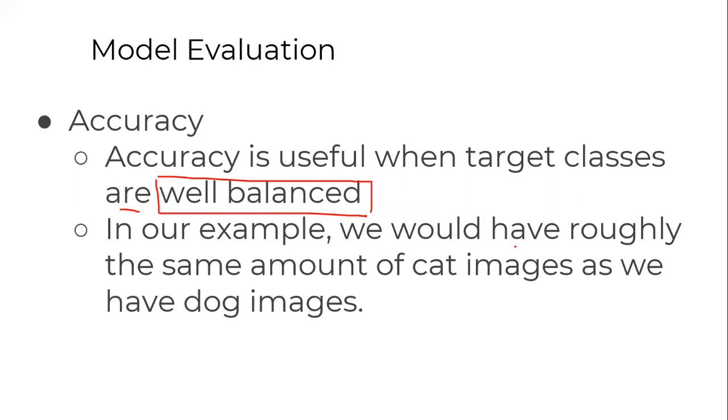This is the term, well balanced, and you will know why. In our example, we would have roughly the same amount of cat images as dog images. Suppose think of the same example, cat and dog. I have to make a model which will classify whether the shown photo is of a cat or a dog. Now I am training my model on 100 images, and I'm testing on 20 images, right?